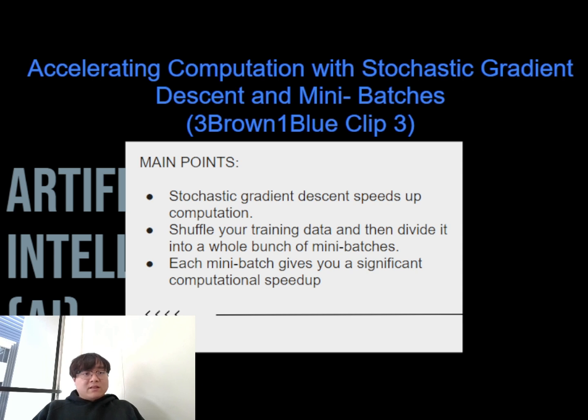Computing a gradient descent step for each mini batch provides a significant computational speedup compared to using the entire dataset. While each step might not be the most precise downhill direction, the overall process becomes much more efficient. By repeatedly going through all of the mini batches and making adjustments, the network can converge towards a local minimum of the cost function.